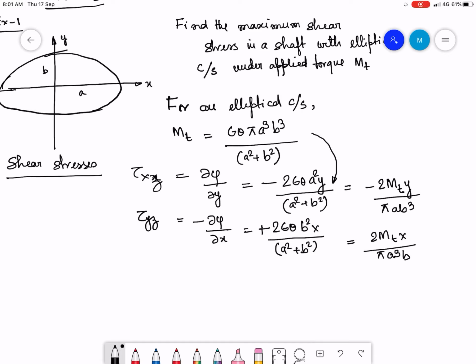So what I have done is that I have done nothing. In this expression for stresses, I have replaced G theta in terms of MT. Okay, and therefore we get these shear stresses in terms of MT. Now these are the shear stress distribution all over the elliptical cross section of the shaft.